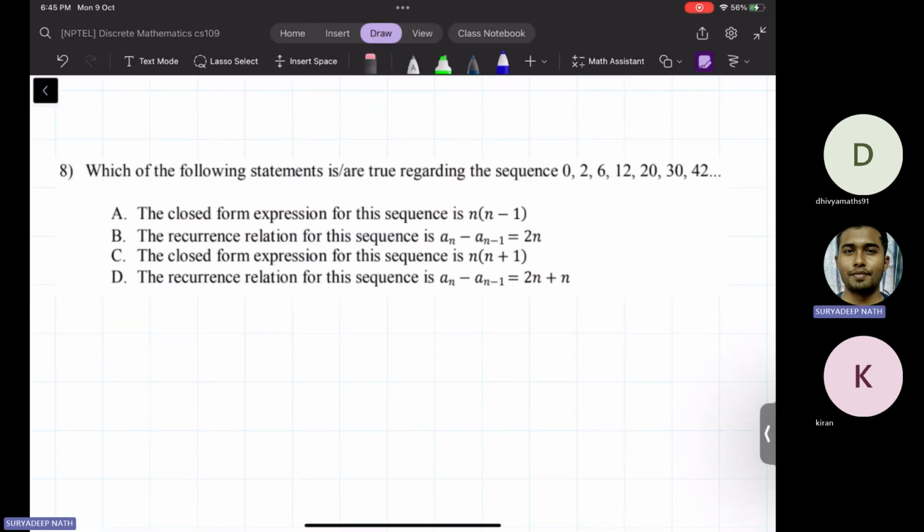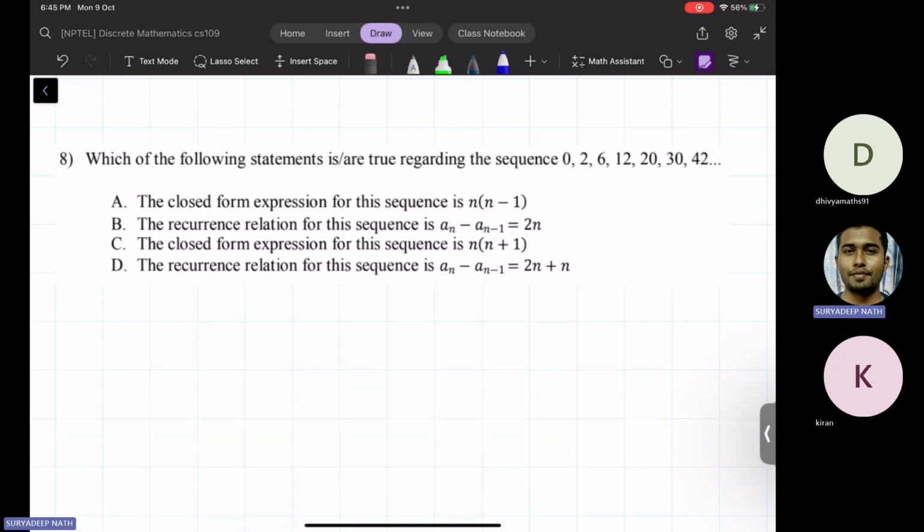Okay, coming to the eighth question. Which of the following statements is or are true regarding the sequence 0, 2, 6, 12? If you notice, let's say this is A0, A1, and so on.